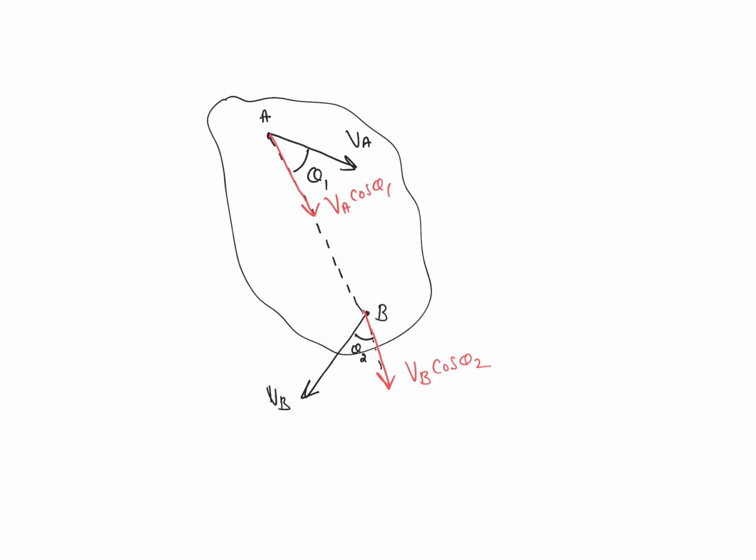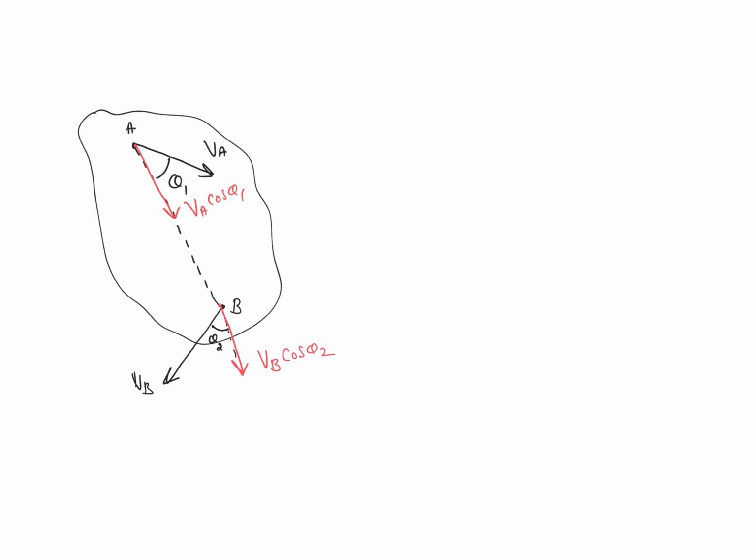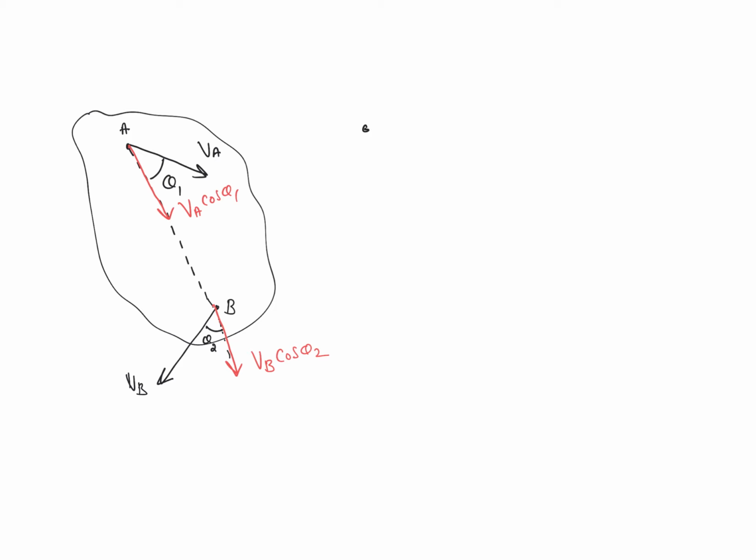Here, the component of velocity along the line joining them should be the same, because the distance between points A and B will be a constant. So VA cos theta 1 should be equal to VB cos theta 2.